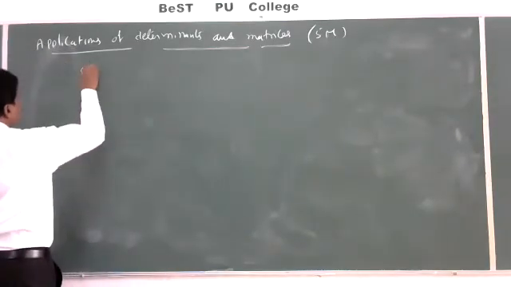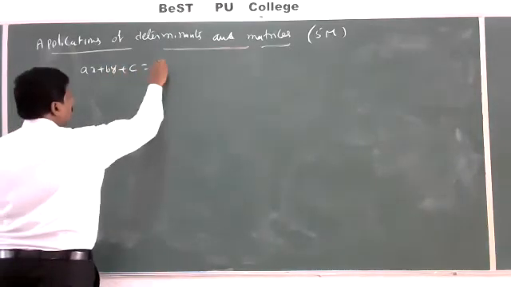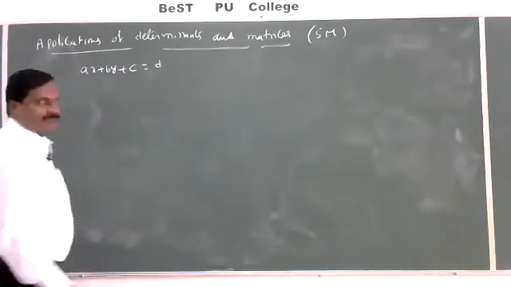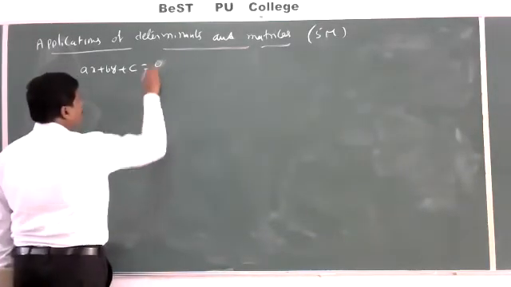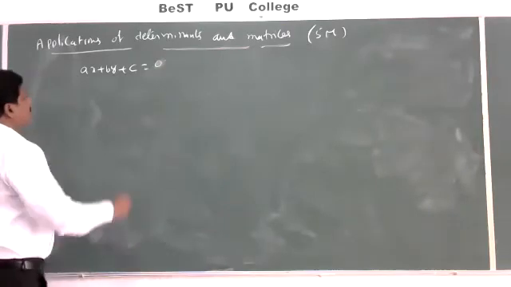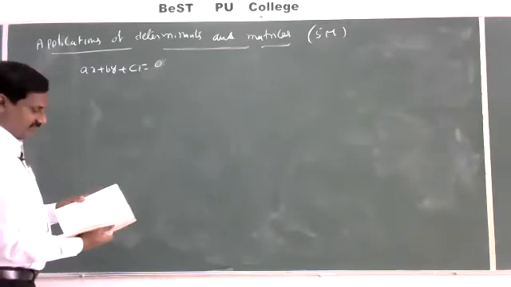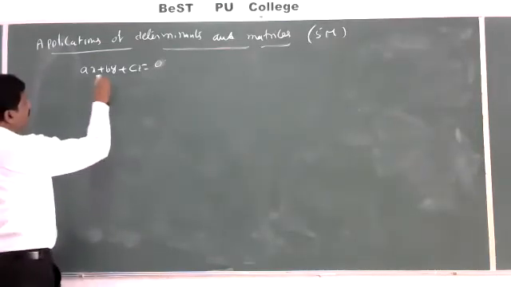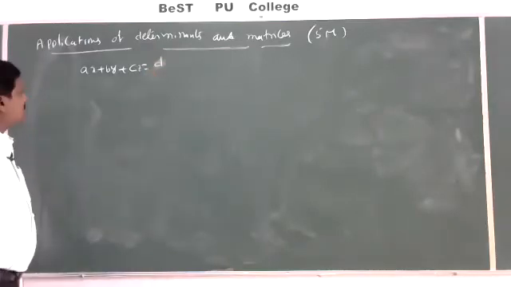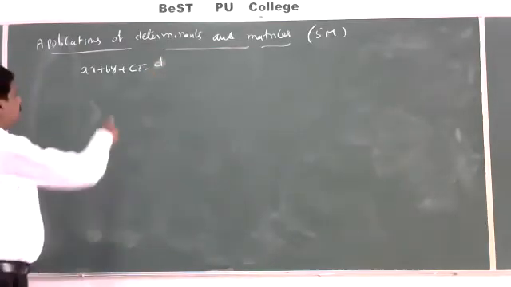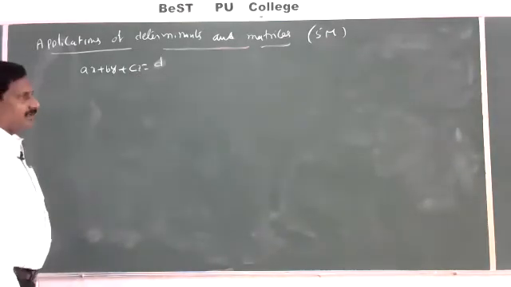An equation of the form ax plus by plus c equal to 0 or any constant, or ax plus by plus cz equal to d. Here 3 variables are there, x, y, z.